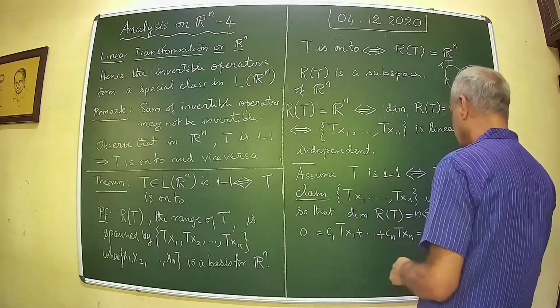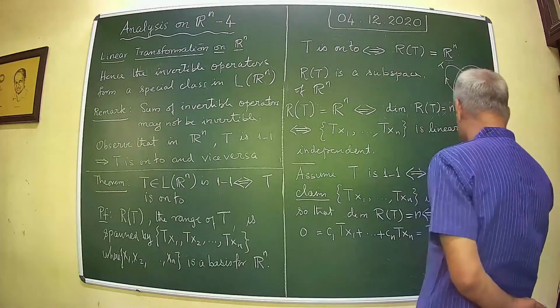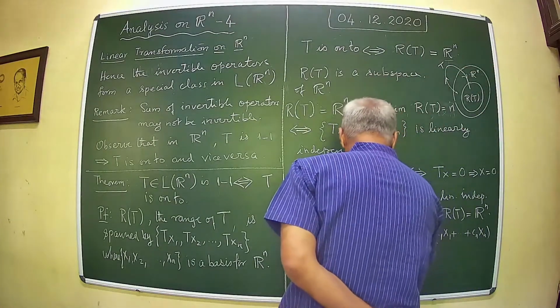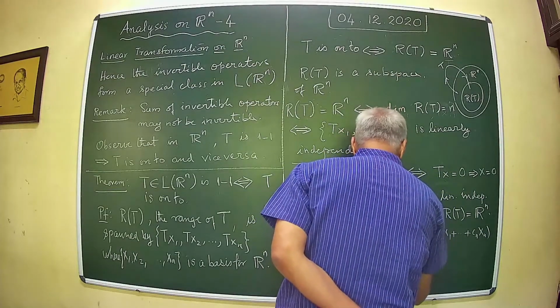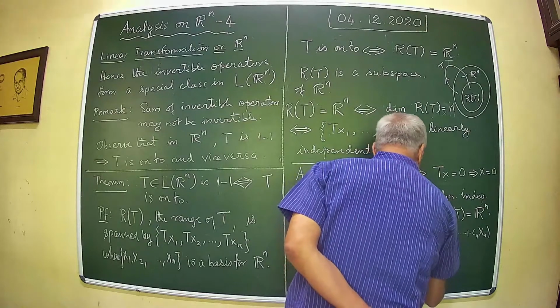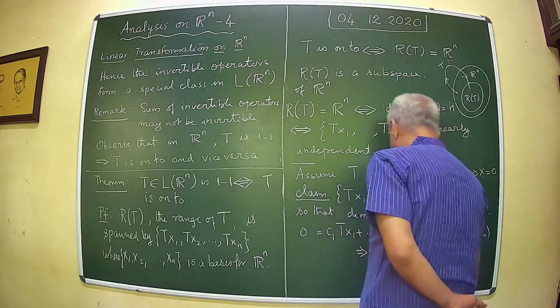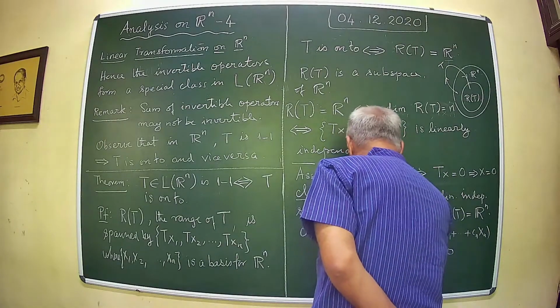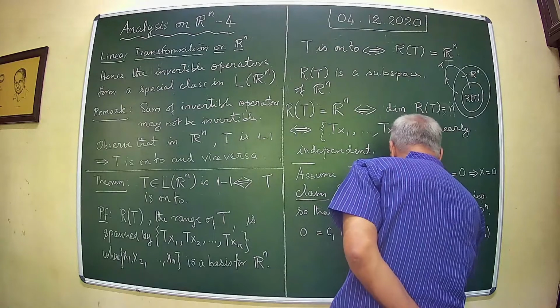See, we are assuming T is 1 to 1. Therefore, you have Tx equal to 0 implies x equal to 0. This implies C1 x1 equal to 0, which implies C1 equal to 0.